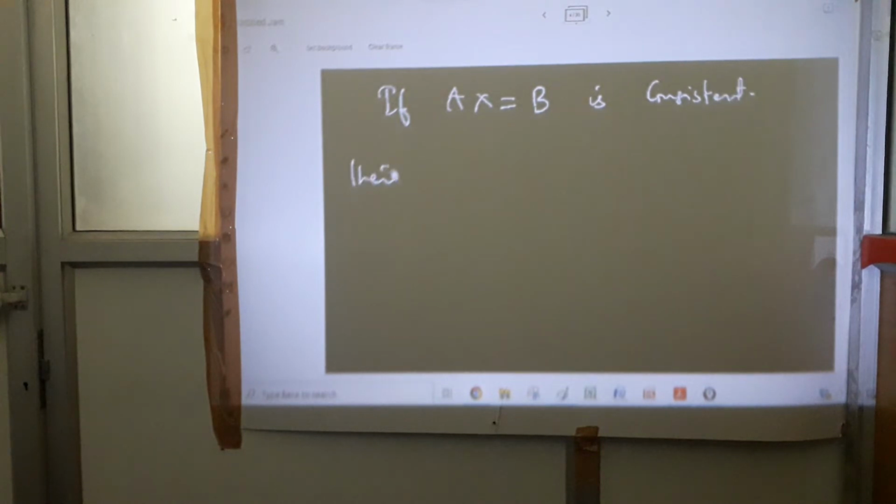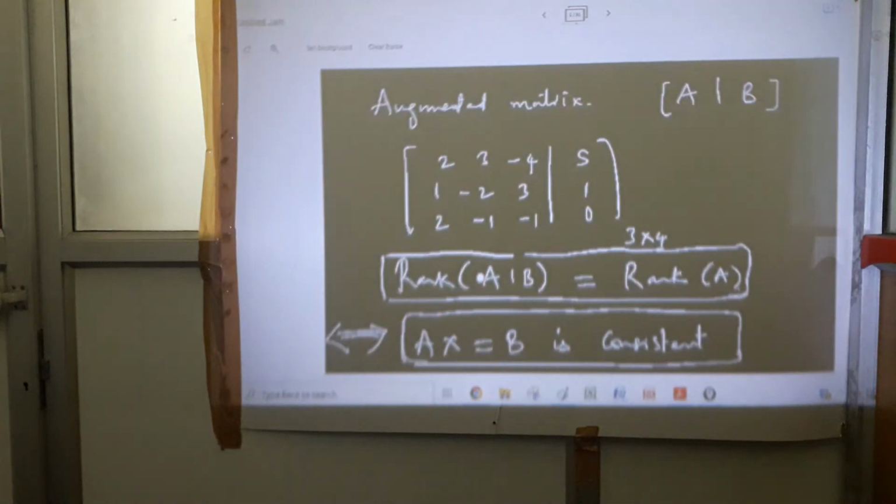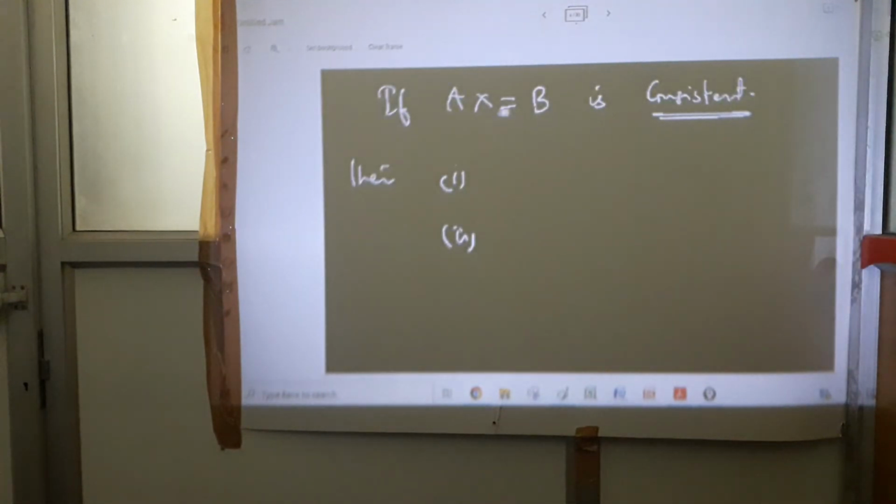No-solution case is not discussed because I am saying that it is consistent. When rank of AB is not equal to rank of A, the system is not consistent. If it is equal, it is consistent.